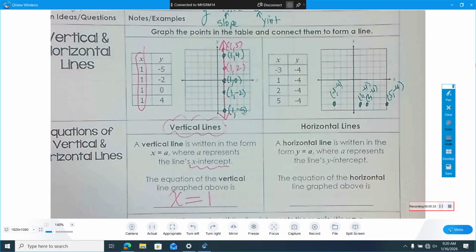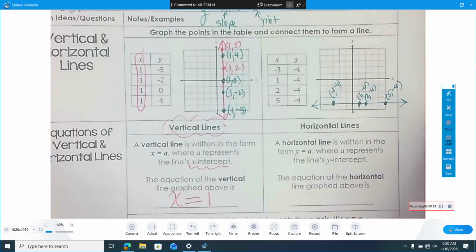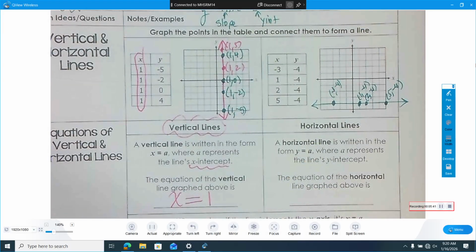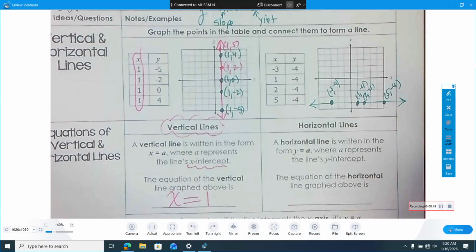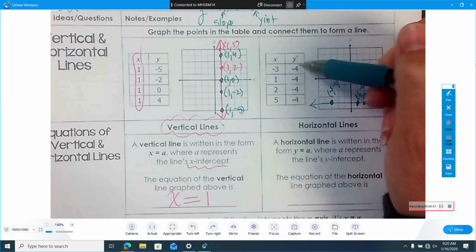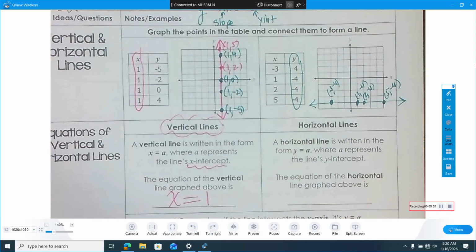What kind of line does this one make? Yeah, this is a horizontal line. Horizontal like the horizon, okay? Nice horizontal line. What do all of these ordered pairs have in common? They all end in -4. The y-coordinate has to be -4.